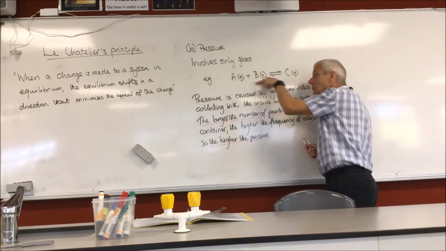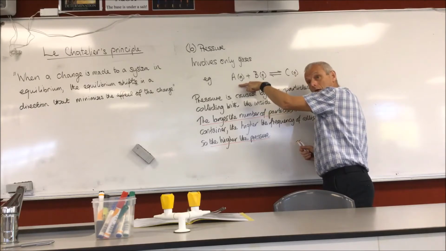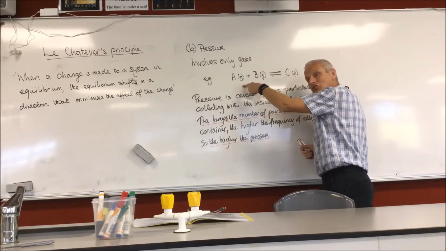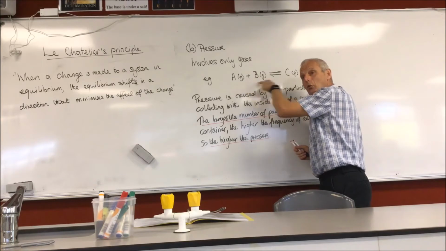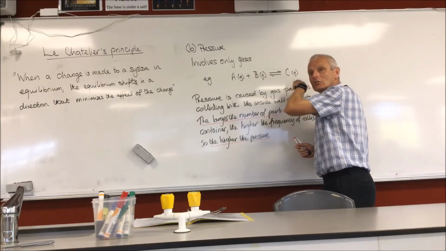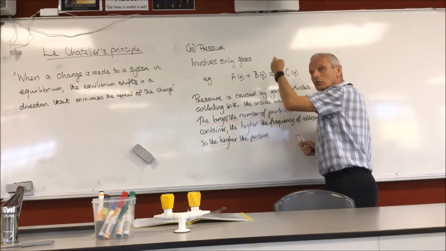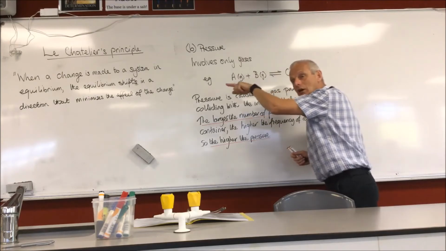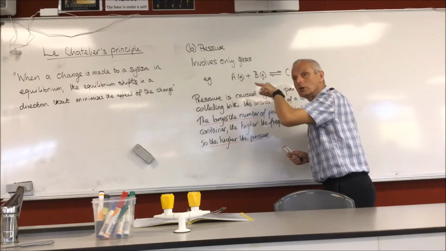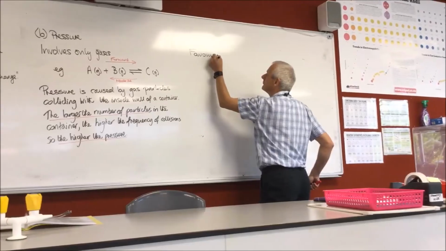If you're going this way, then you're going from 1 to 2. So you're increasing pressure. So if you favour the forward reaction, you reduce pressure. If you favour the reverse reaction, where you've got more particles formed, you're increasing the pressure.